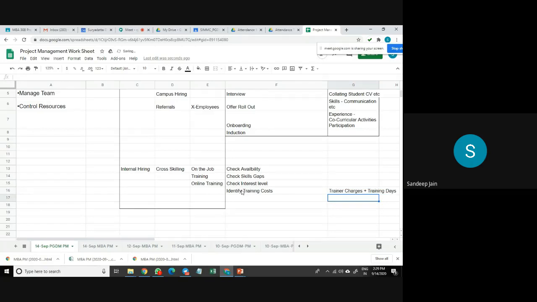If a person goes for training of 10 days, then 10 days of work is not done. So that is the opportunity cost for the company, because 10 days of work is lost because of that.